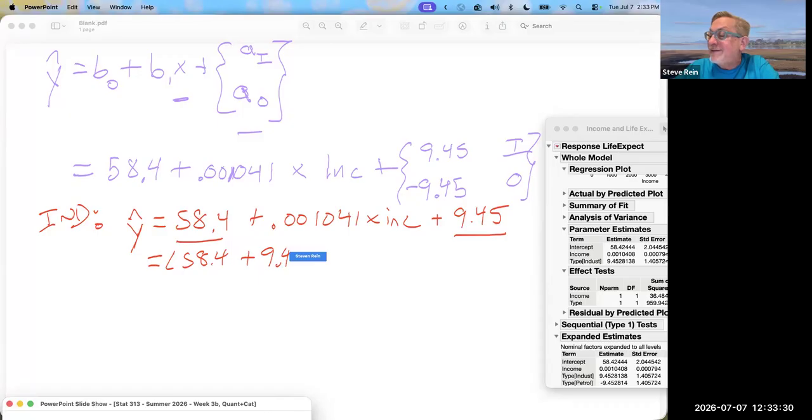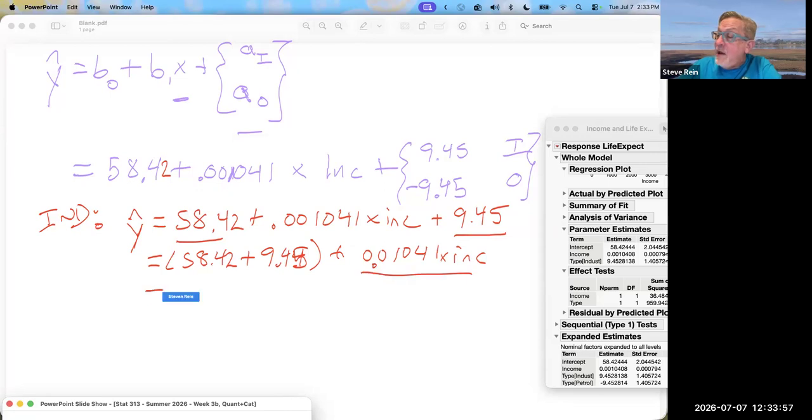I should not have rounded so much earlier. I'm going to solve my problem: 58.42. And there we go. So 58.42 plus 9.45, plus then 0.00104 times income. And I guess I have to add 9.45 to 58.42.